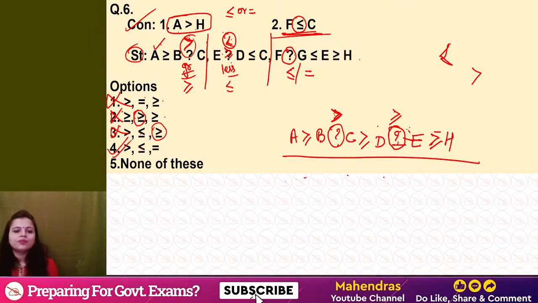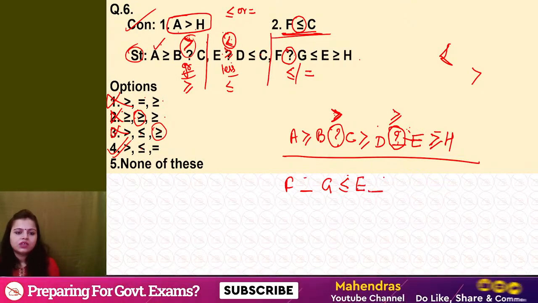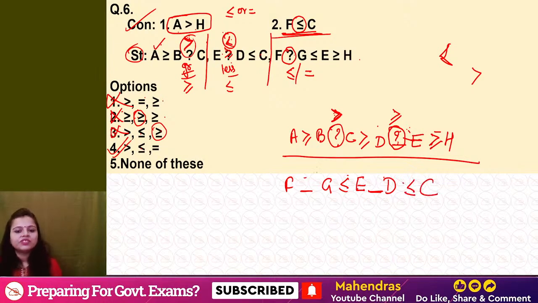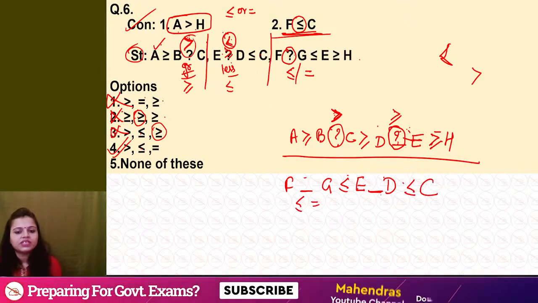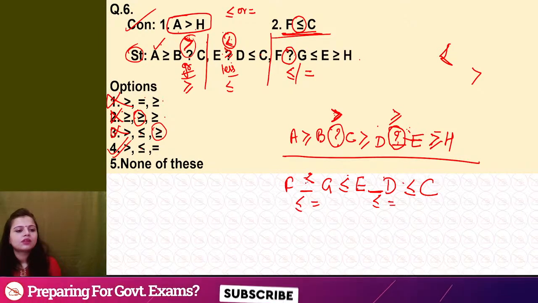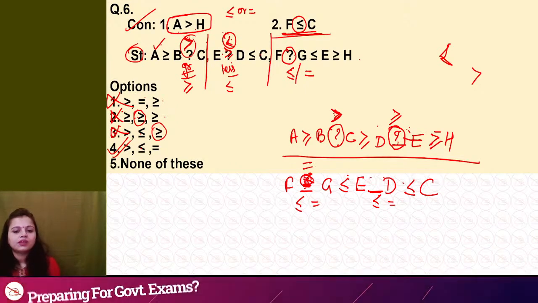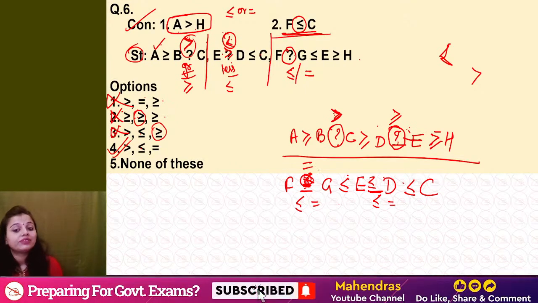Now for F and C, F, G less equal to E, E question mark D, and less equal to C. So we need less equal or equal sign in these two cases. And from the fourth one, you are getting the equal and the less equal. So yes, F is less equal to C is right. So the fourth one is correct.